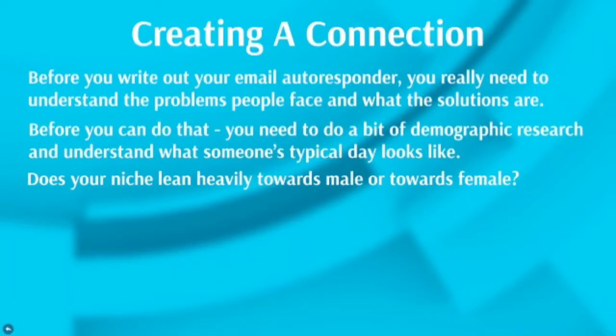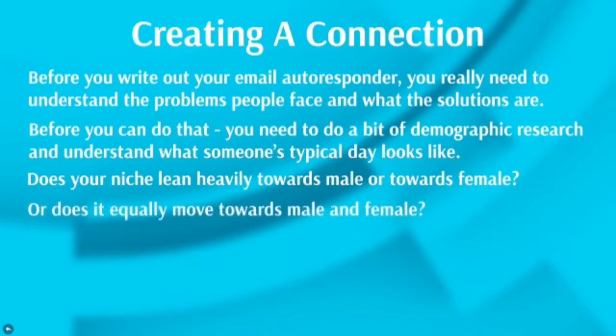So my question to you is, does your prospect within your niche lean heavily towards male or towards female? Or does it equally move towards both male and female? In order for it to lean just towards female, let's say, for example, that niche is 90% female, or even 95% female, or even 75%.